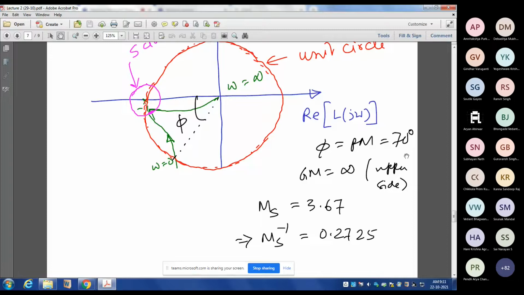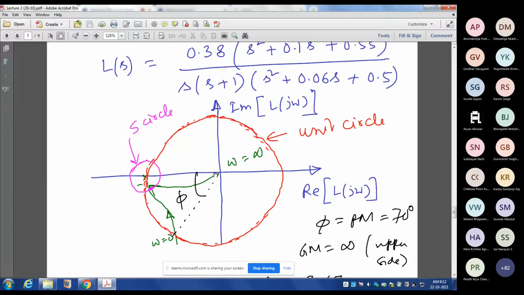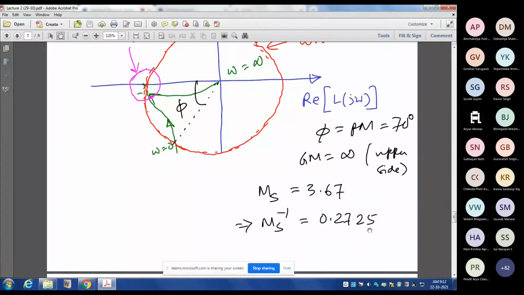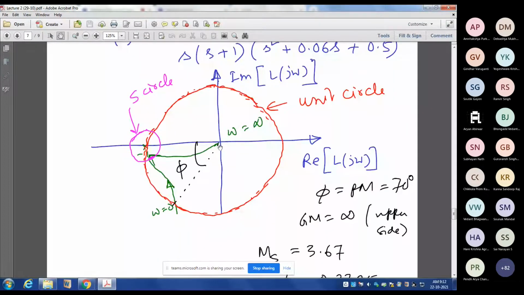So if there are some perturbations in the system, maybe because of parameter variation, neglected dynamics, or other types of uncertainties, this point will touch the -1 point easily, because the distance between the -1 point and this point is only 0.272. So this system suffers from poor robustness.